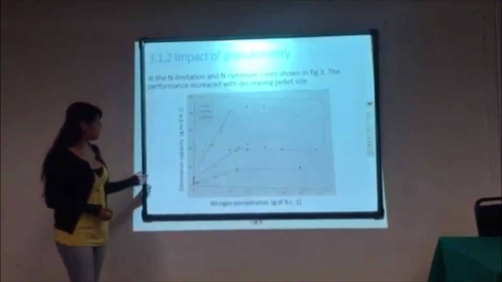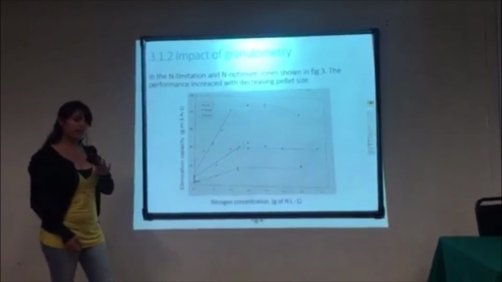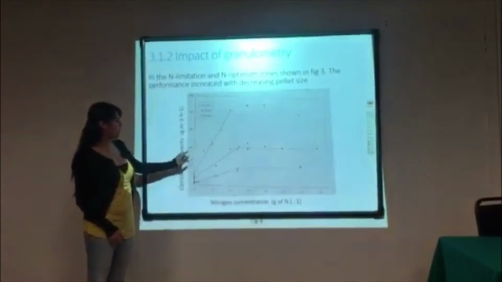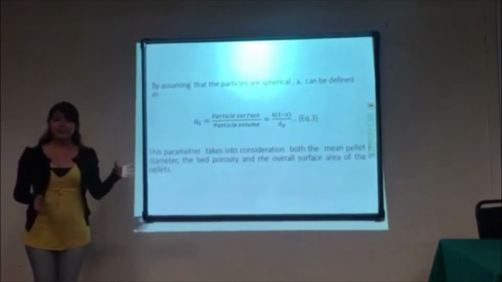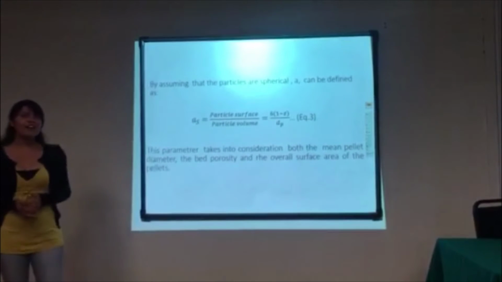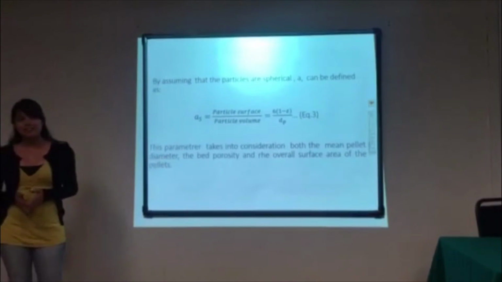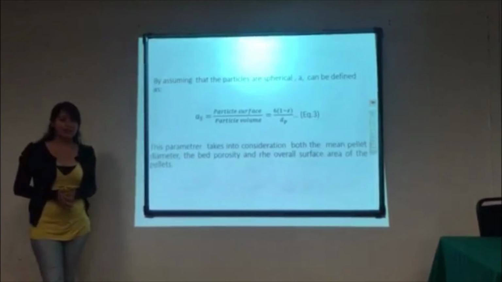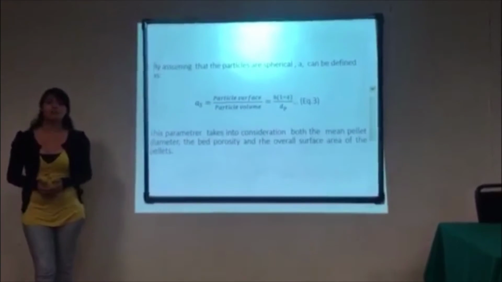This figure shows nitrogen concentration and elimination capacity of three types of pellets: small, medium, and large. By assuming these pellets are spherical, this equation can be defined, and these parameters take into consideration the mean pellet diameter, the bed porosity, and the overall surface area of the pellets.